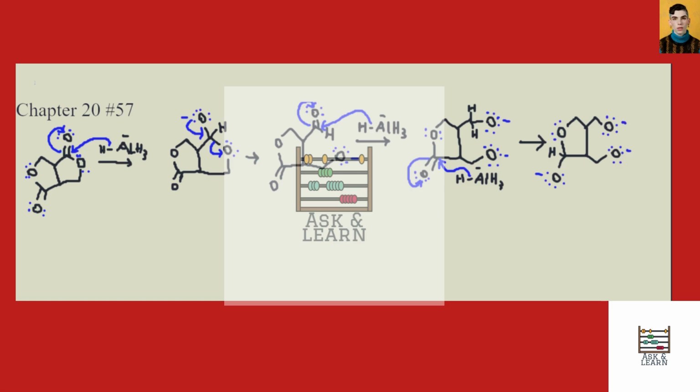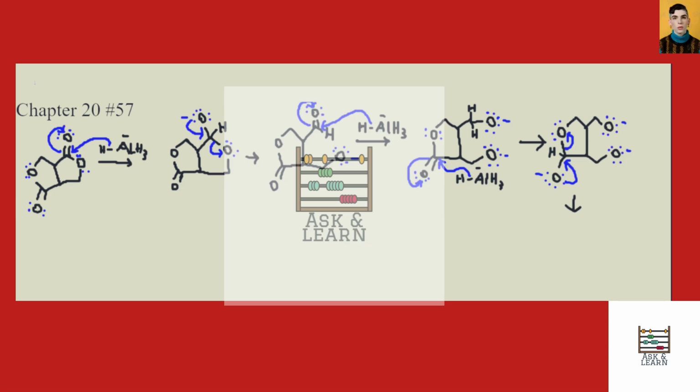Okay, and so once again, we'll see one of the lone pairs add back in to reform that carbonyl. We'll see the bond between the carbon and the other oxygen break, and those electrons will revert to the oxygen. So now we have 3 alkoxides.